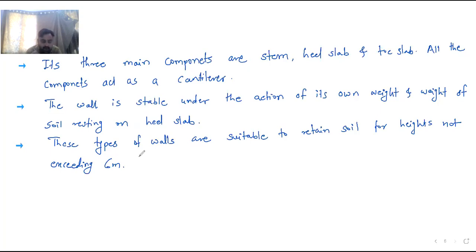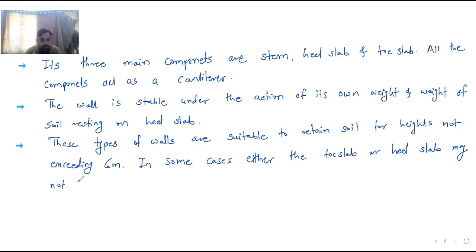Here in this point it is continued that in some cases either the toe slab or heel slab may not be provided, due to which the wall becomes L shaped.